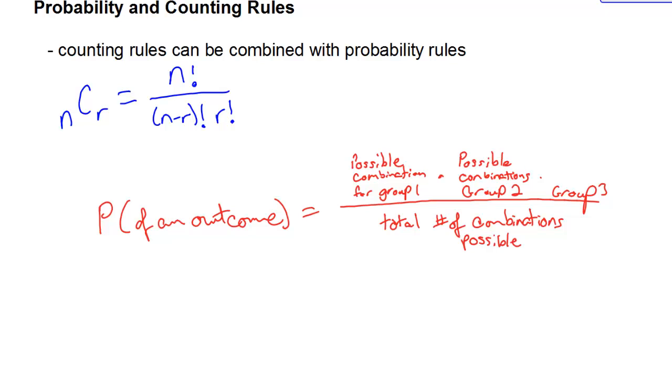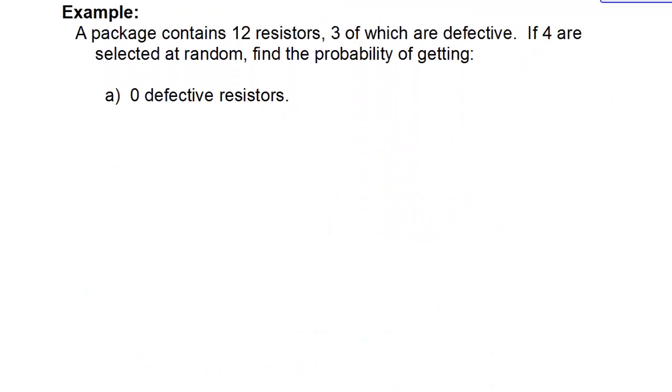Now we're looking at the probability of those happening when we have multiple items. We want to also divide that by the total combinations for the entire group. Let's look at what this looks like in an example.